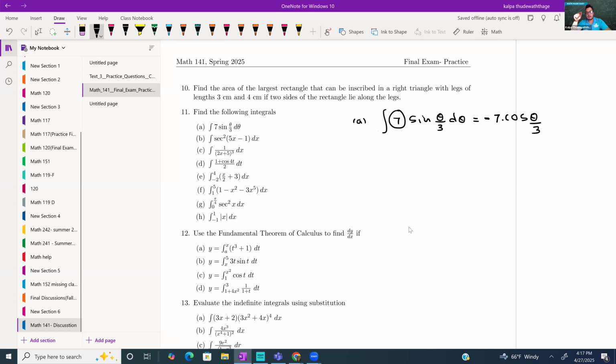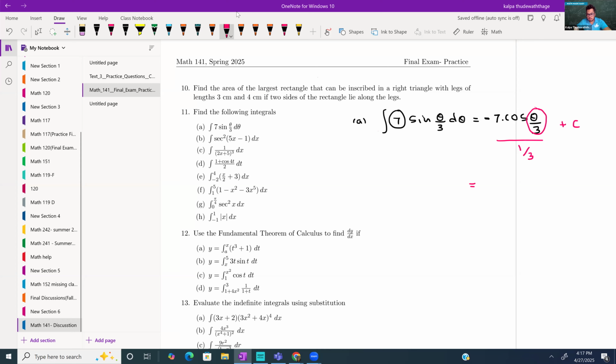So negative sine theta over 3, and you multiply by 1 over 3, because you have to take the derivative of this. So when you take the integration, you have to divide by the derivative of theta over 3, which is 1 over 3. And plus c.